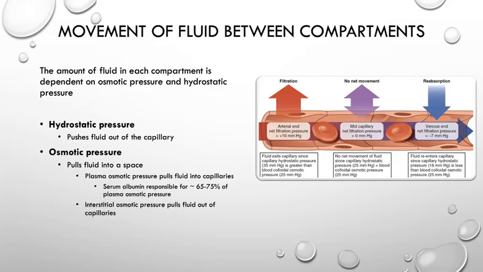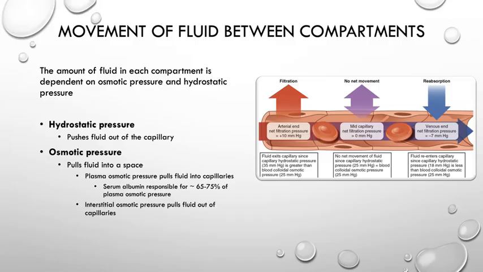The amount of fluid in each compartment is dependent on osmotic pressure and hydrostatic pressure, as mentioned before. The distribution of water among the three body water compartments, intracellular, intravascular, and interstitial compartments, is dependent on these pressures. Hydrostatic pressure is a pressure exerted by water.